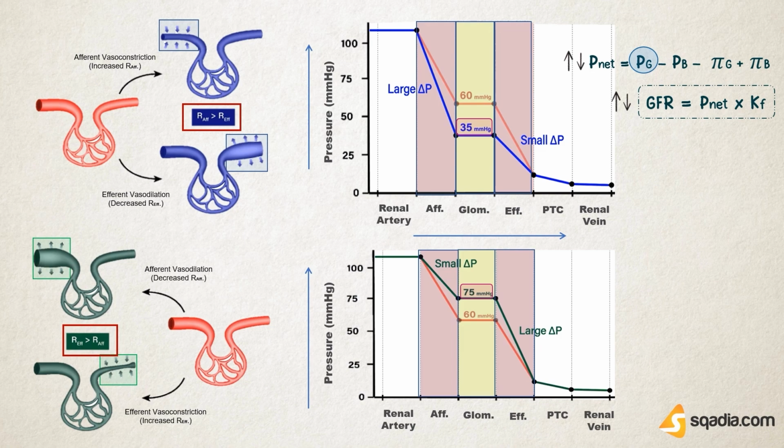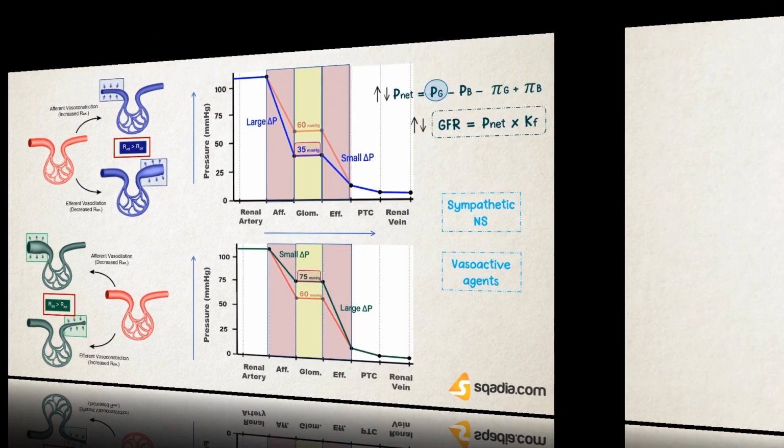So the GFR is therefore strongly dependent on the relative resistances of both efferent and efferent arterioles, which is influenced by sympathetic tone and also other vasoactive agents. So changes in the glomerular hydrostatic pressure is probably the single most important mechanism for modulating the glomerular filtration rate. But it is not the only mechanism by which the GFR can be affected.